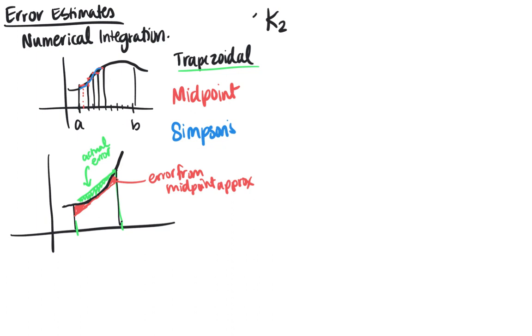K2 is some value that is greater than or equal to the absolute value of f double prime of x on the interval AB. So we want some bound on the second derivative, which tells us how curvy it is, or the concavity.